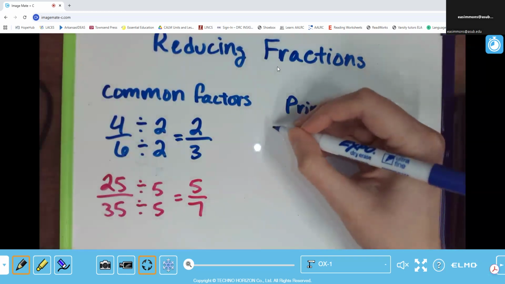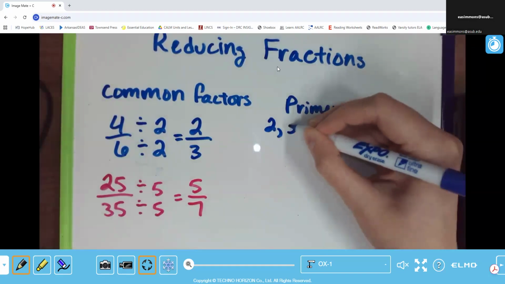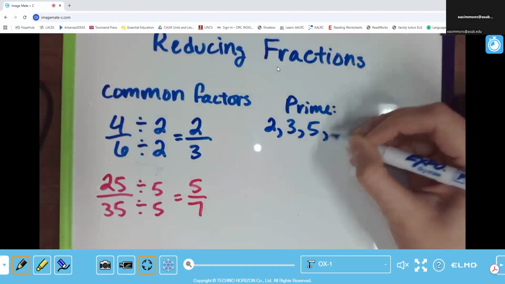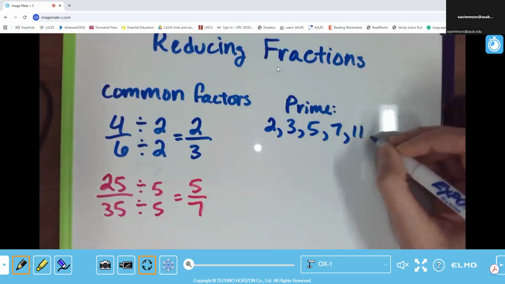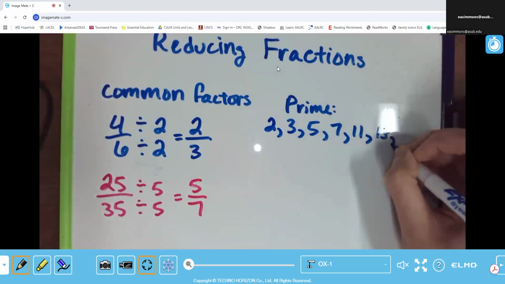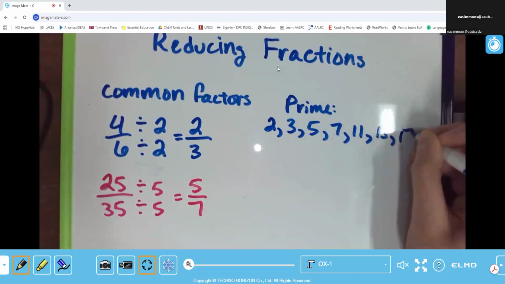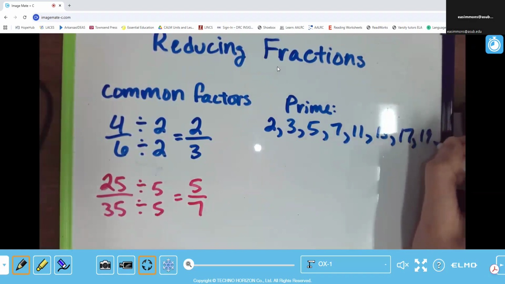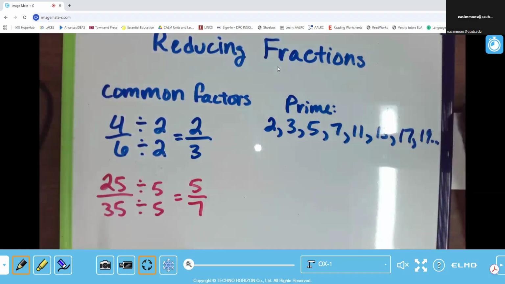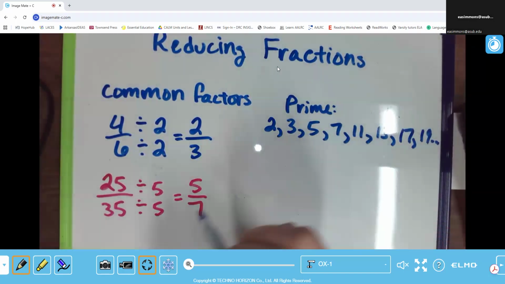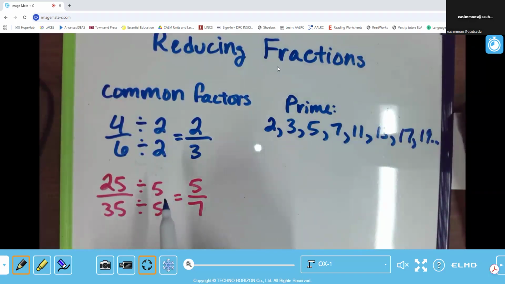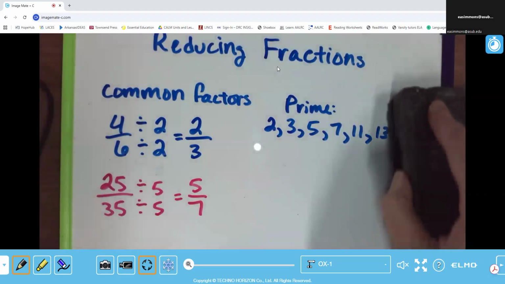So just a reminder, our prime numbers are 2, 3, 5, 7, 11, 13, 17, 19, and then they keep going. And then just to throw in, if one of our numbers in our fraction is 1, then we're in simplest terms because 1 is only divisible by 1, and that's not going to help us simplify anymore.